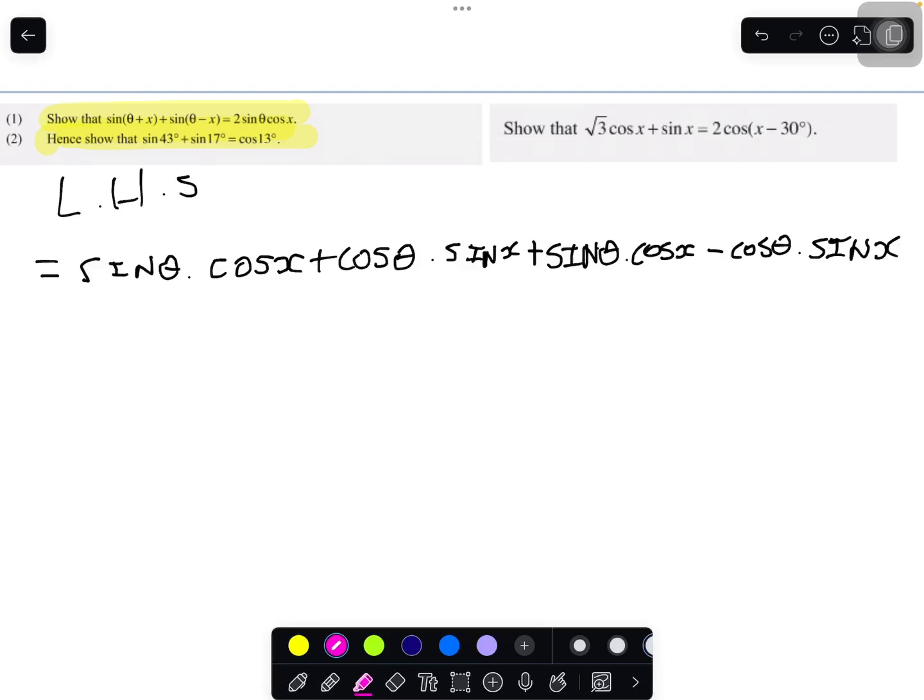Okay, we have a sine theta and a cos x. Do we have another sine theta and a cos x? Yes, it's right here, sine theta and cos x. So these two are like terms. You can add and subtract them. Are there any other like terms? We have a cos theta and a sine x, and we have a cos theta and a sine x. But as you can see, we have a positive here and a negative there, which means that these two will cancel each other out.